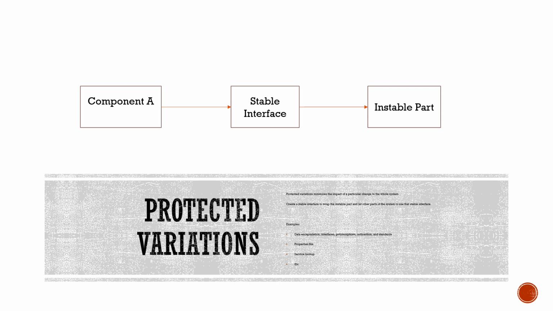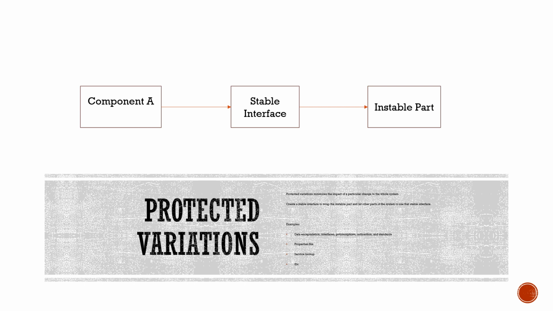Let's take an example of the property file that we use often. We sometimes externalize particular values in property files when we make an application so that we can change them easily.